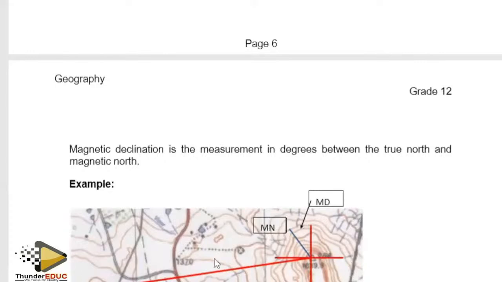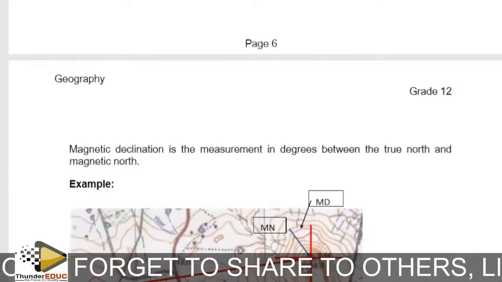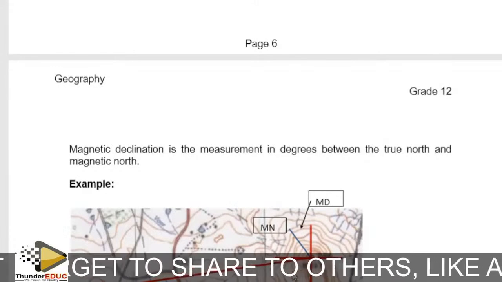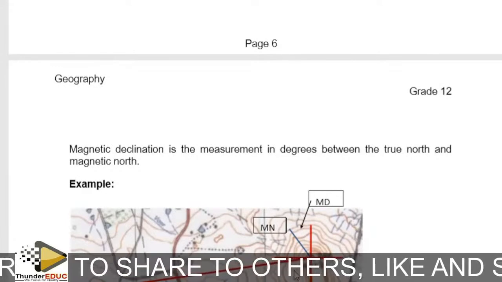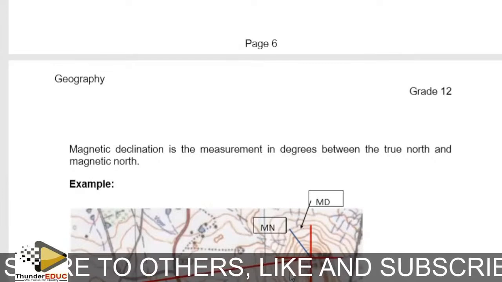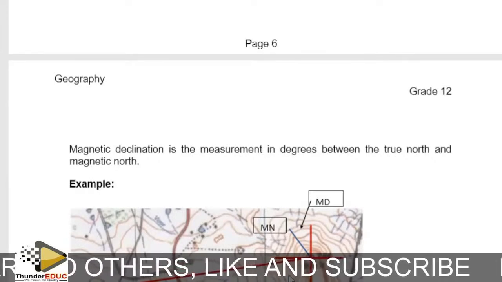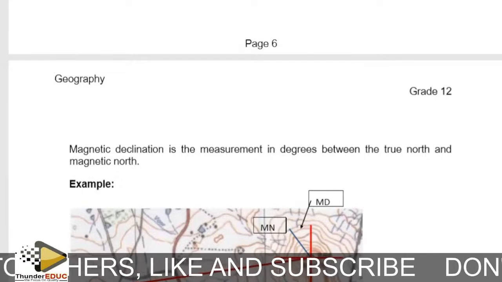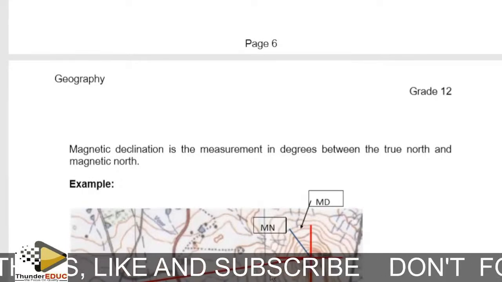What is the first procedure? The first procedure is for you to draw a line joining those two places. I always encourage learners to draw that line long, such that when you put your protractor, you can still see the numbers and read them nicely.